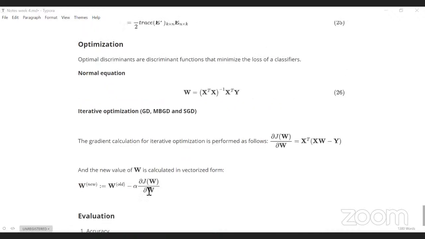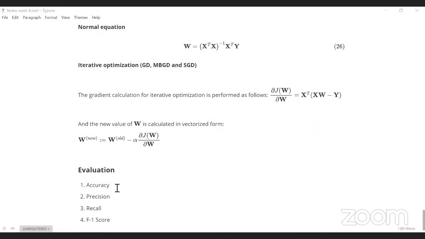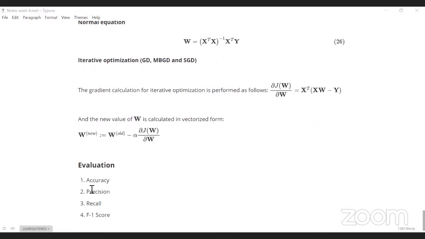Okay, so next part is evaluation. For evaluation, we can find accuracy, precision, recall, or F1 score. Any of these will work. So what is accuracy? How to define the accuracy?